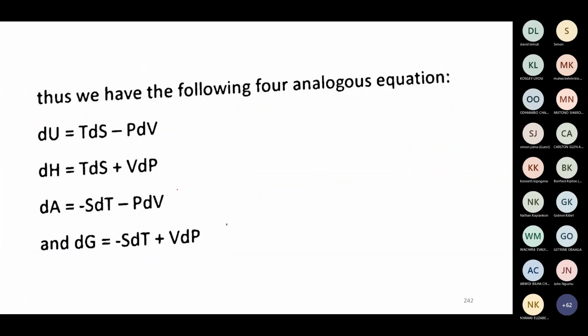In these four equations, we have S and V being the variables, S and P being the variables, T and V being the variables, and T and P being the variables.